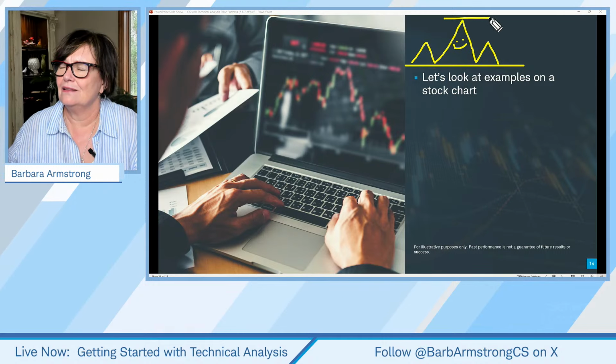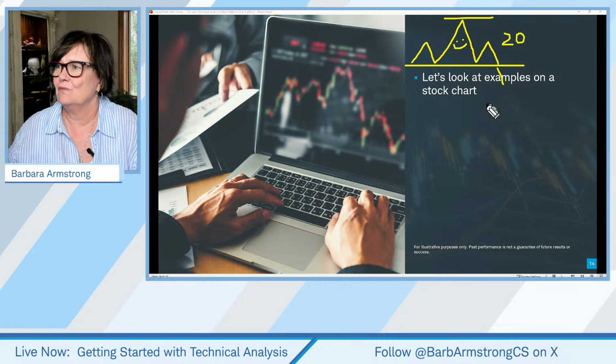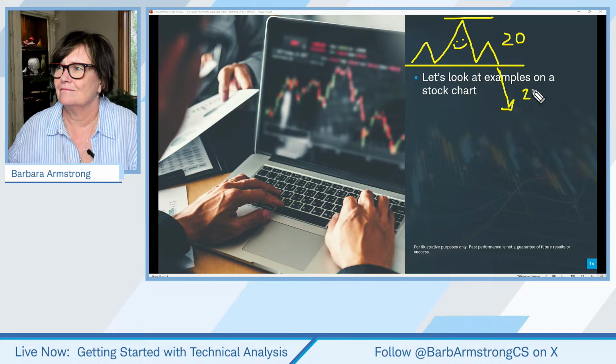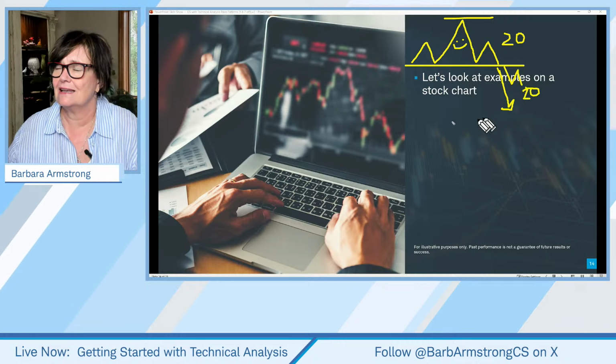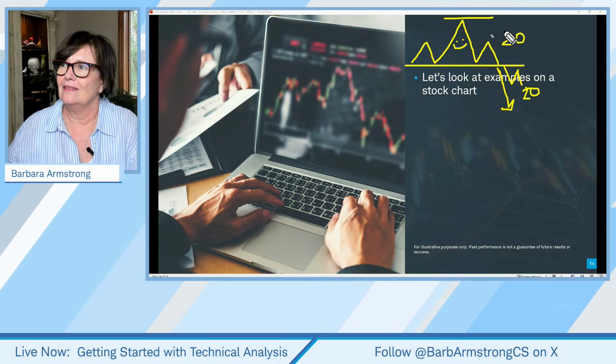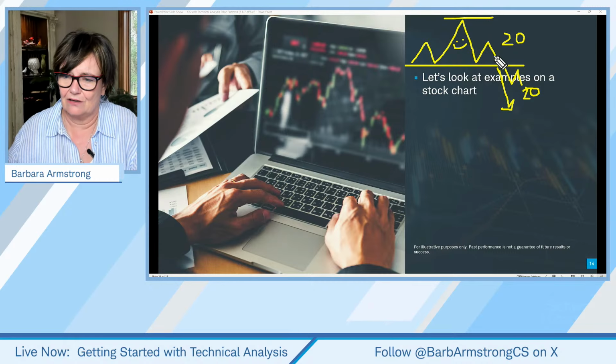And if it breaks to the downside, and sometimes it will break to the downside, then we're going to measure this distance. And if this is 20, then we look for a move 20 to the downside. And sometimes it doesn't go straight down. It'll go down like we saw, and it'll come back up and retest and then move. But this is a bearish pattern.